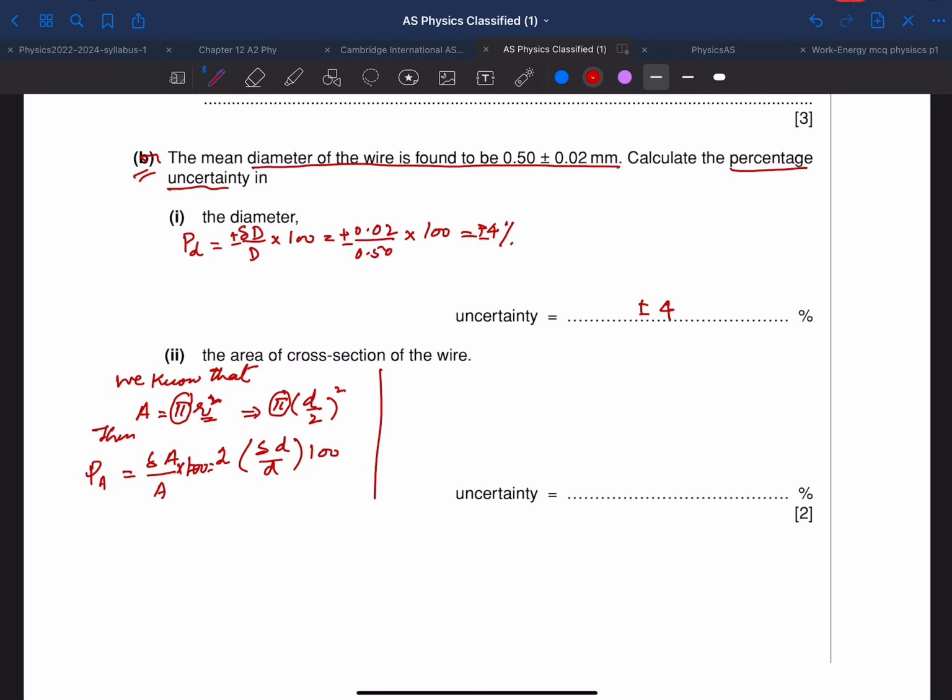So here we have the percentage uncertainty of area, or in the cross section area, and the value is given for your del D as 0.02, and then you will have the value of 0.5, and of course multiply by 100.